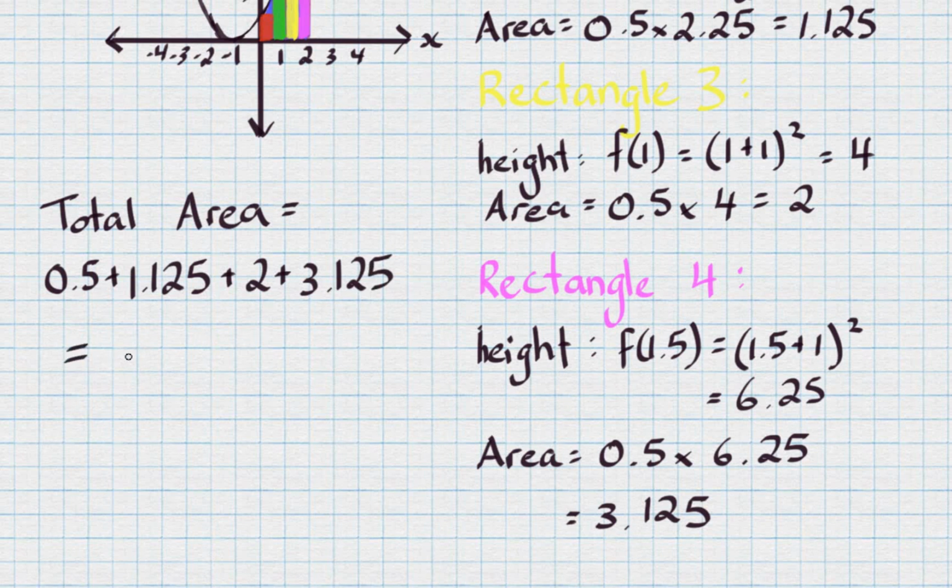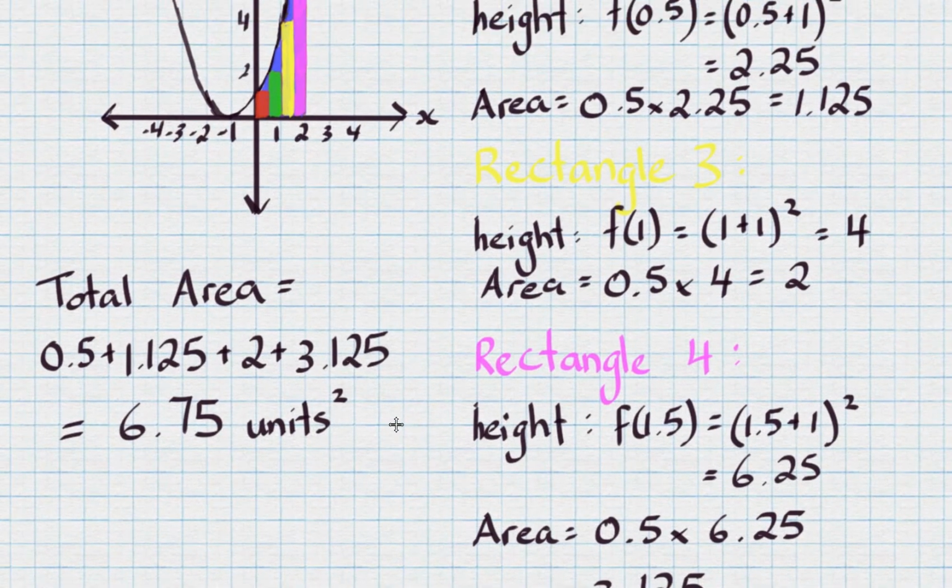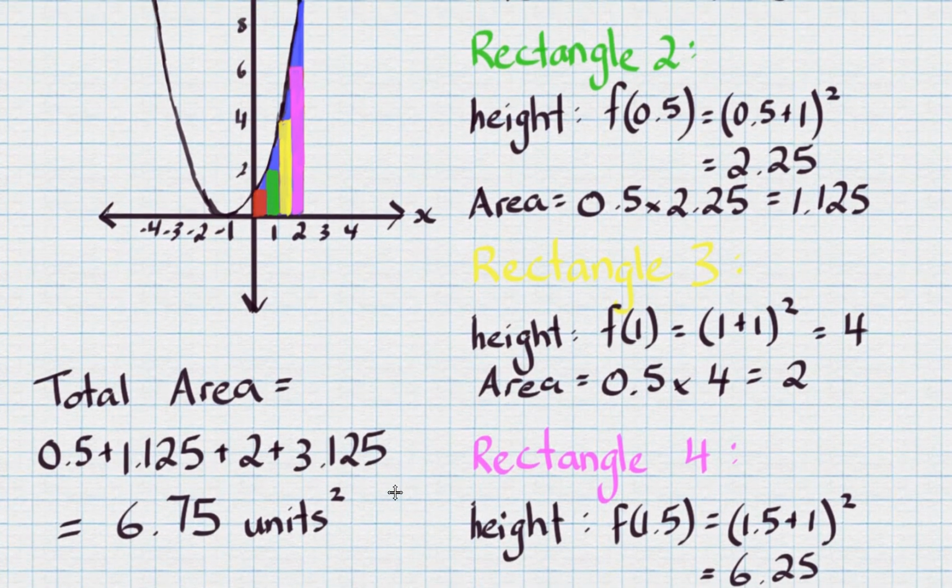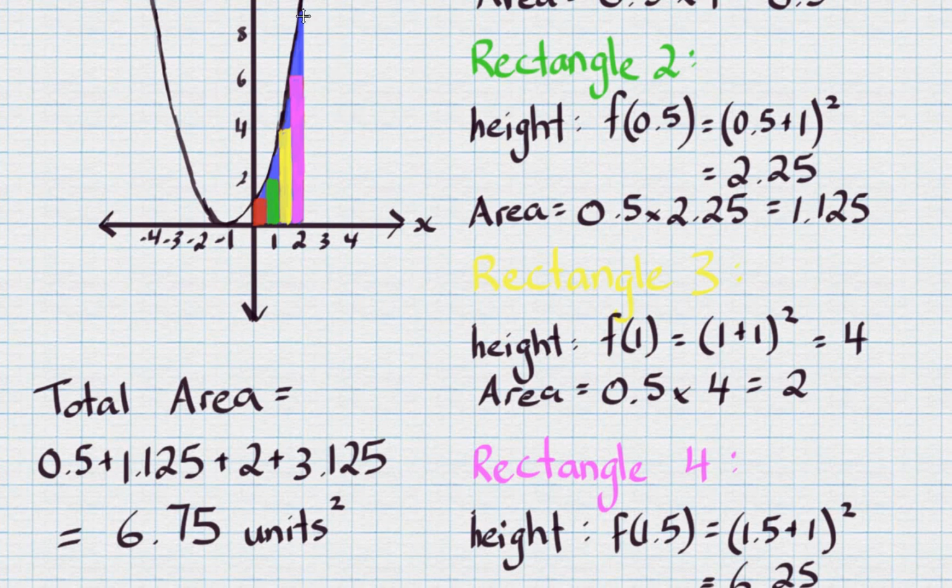And so this gives us 6.75, and now we'll put in units squared. Keep in mind, however, that we have underestimated. The true area is this blue area, and we can see little bits of blue still visible. So our true area will be more than 6.75.